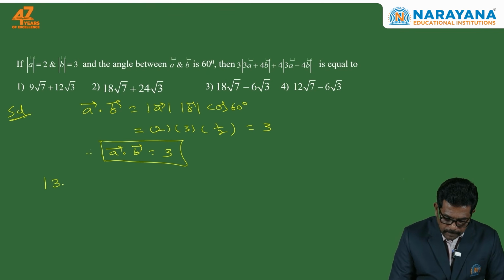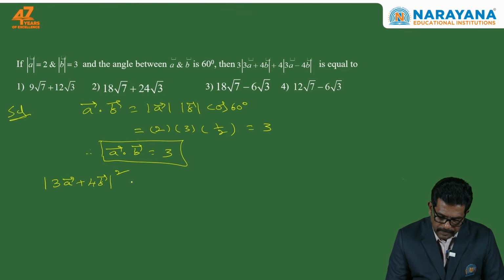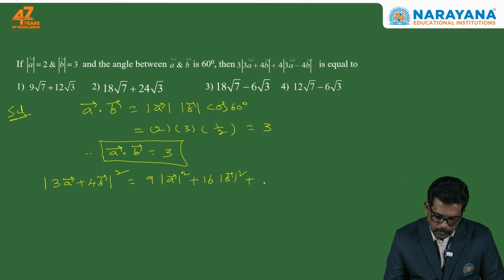That is mod 3a bar plus 4b bar. How we open the modulus of vectors means by taking the square. I consider the square of this magnitude is equal to 3a bar plus 4b bar whole square, which becomes 9 mod a bar square plus 16 mod b bar square plus 2 into 3 into 4, that is 24 times a bar dot b bar.